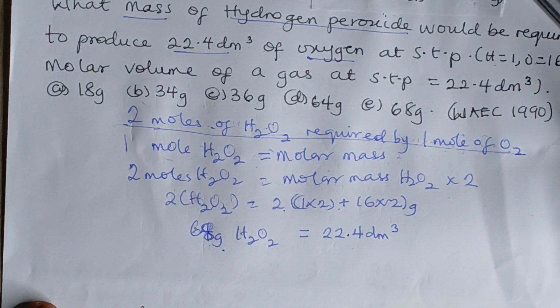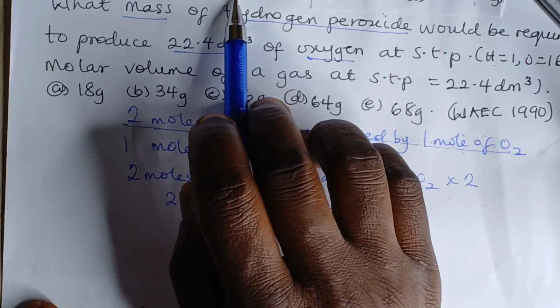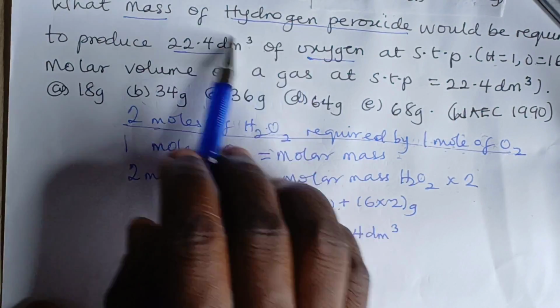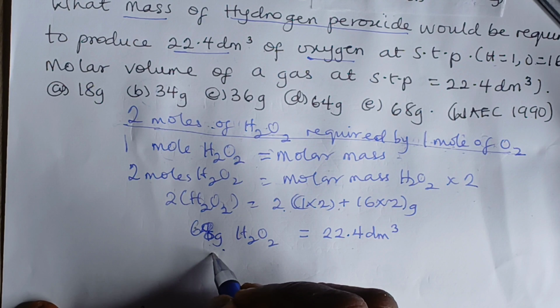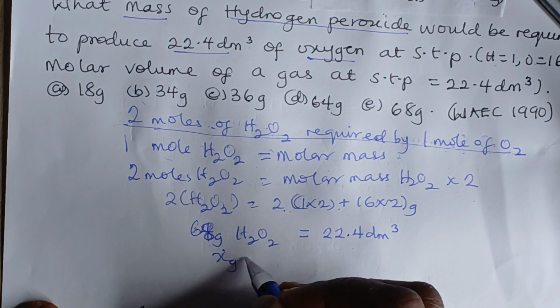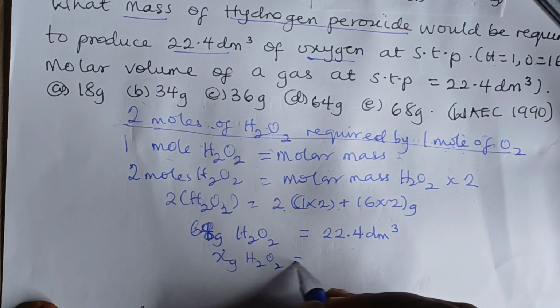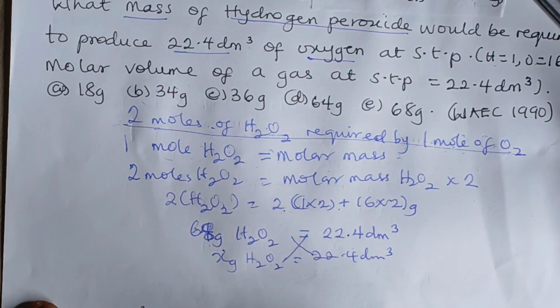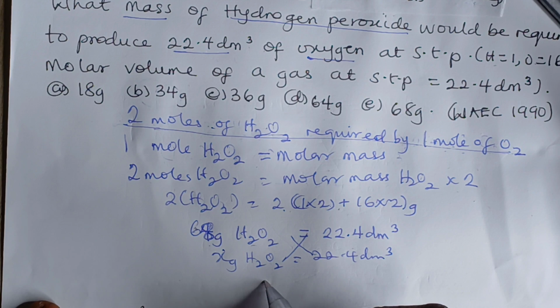That's 68 grams. But if you don't want to do that, if you want to follow the normal way, you get the first line from the equation of reaction, the second line from the question. So what mass of hydrogen peroxide, x grams of hydrogen peroxide, produces 22.4 dm cube. If you cross multiply, you will still get the same thing, or directly answer your question as 68.